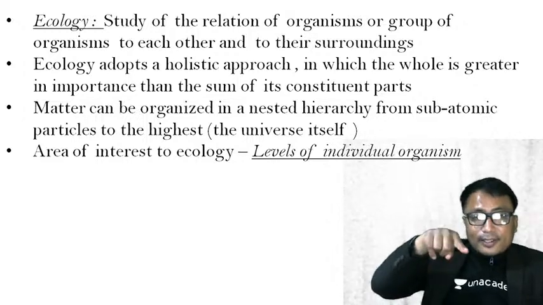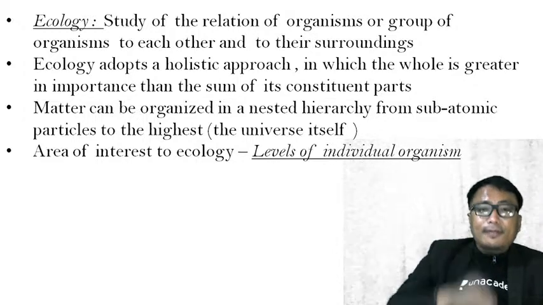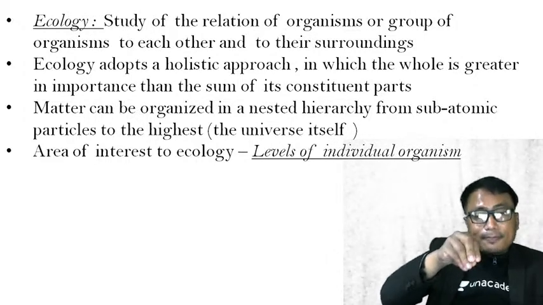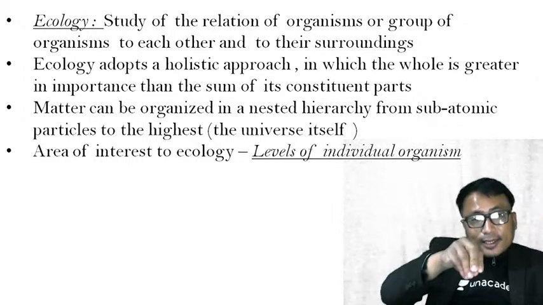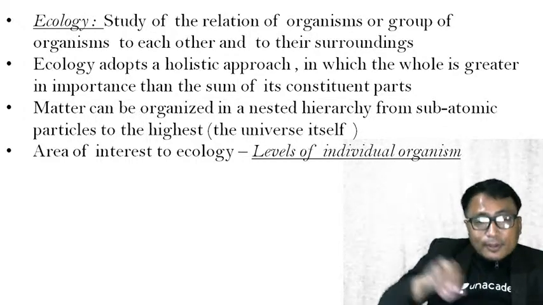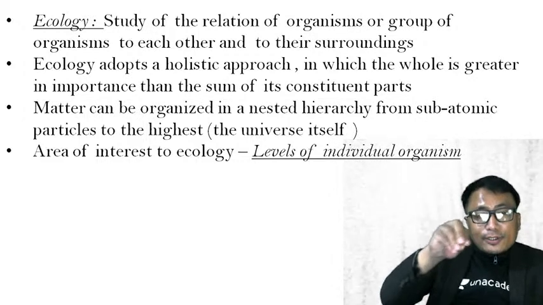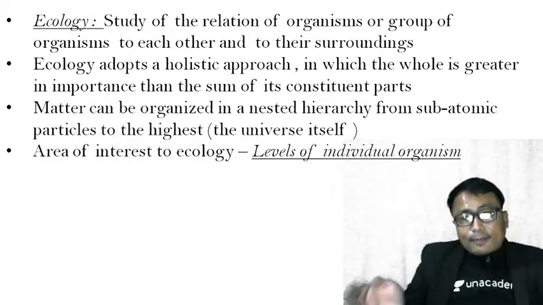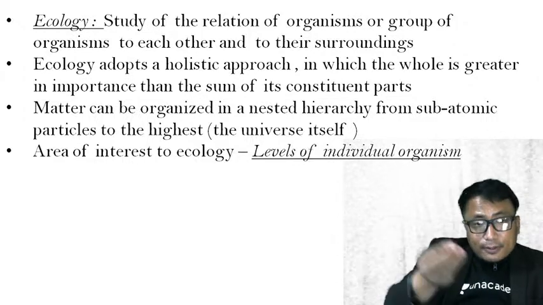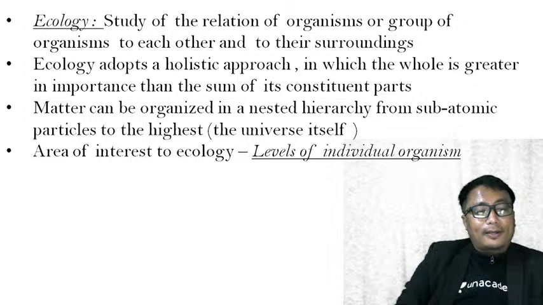Within one particular system there is a subsystem also, and the interaction of this subsystem results in changes in the whole system as a whole. But the important point is, in ecology, we consider the whole system as one unit, giving it more importance compared to the individual constituent parts.